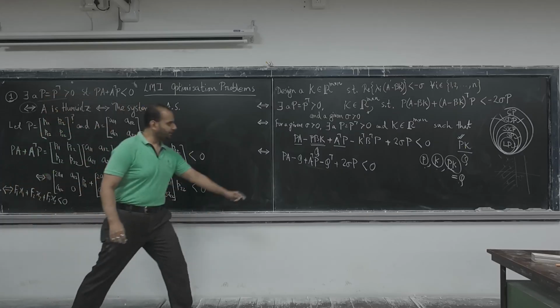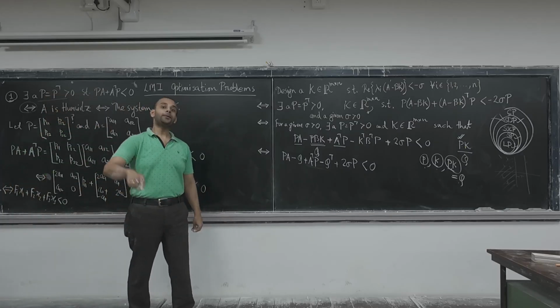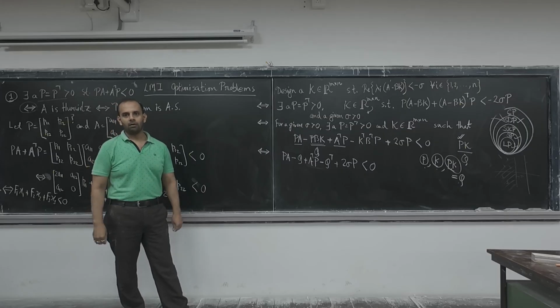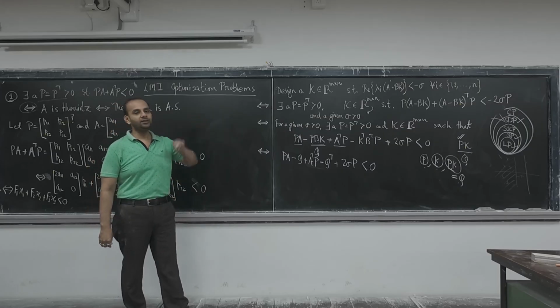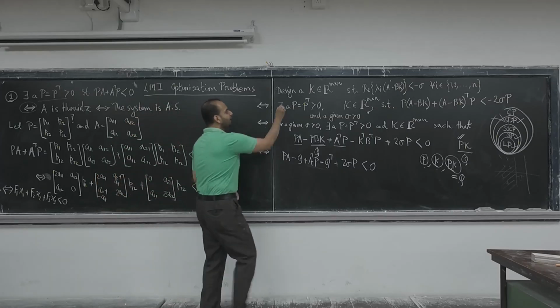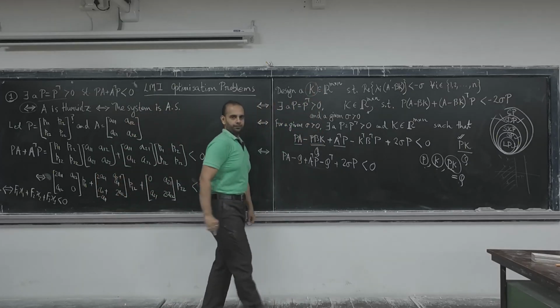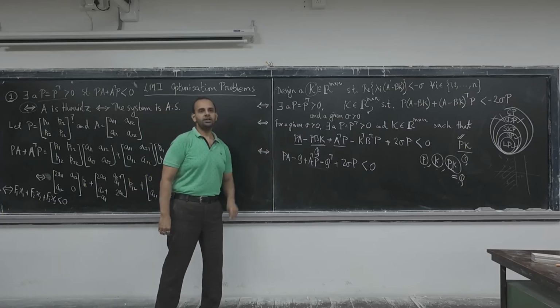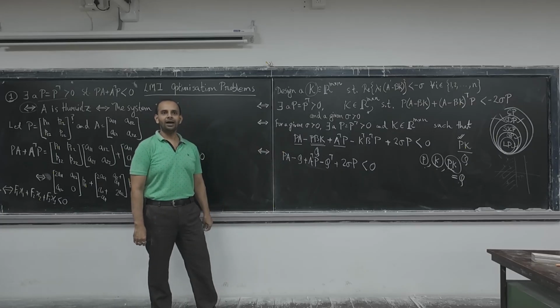Can anybody tell me what problem you are going to face in this case? Think about that. What is your primary objective? To design a K matrix, right? Then whatever solution you get, finally you will have to retrieve that K matrix, right?